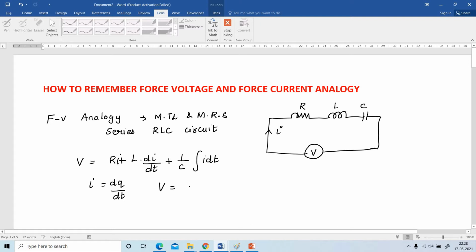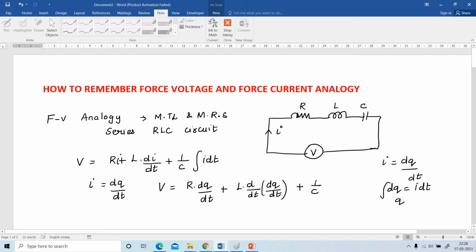V is equal to R into dq by dt plus L into d by dt of dq by dt plus 1 by C into integral I dt. From this equation, I is equal to dq by dt, so dq equals I into dt.